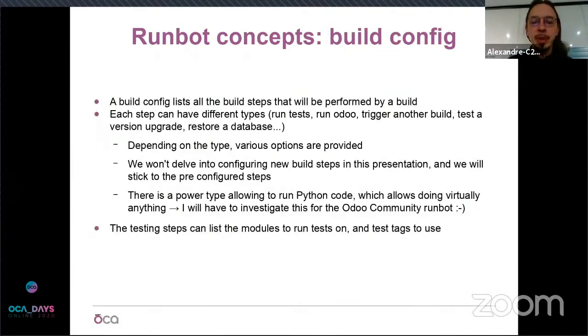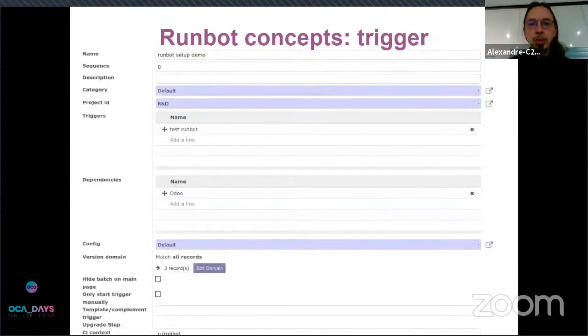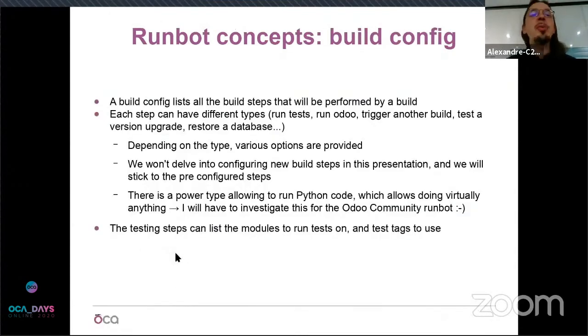So your trigger has a build config. What is a build config? The build config is a list of all the build steps that will be performed by a build. Each step can have a different type, the build step type.